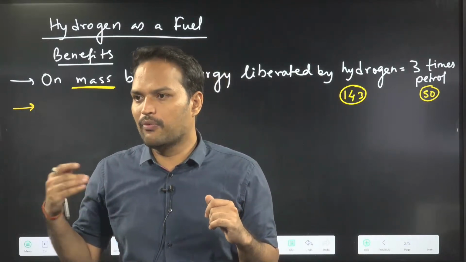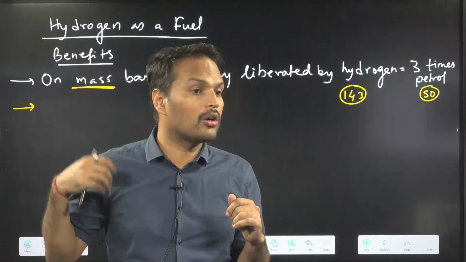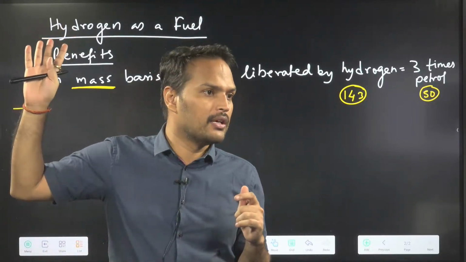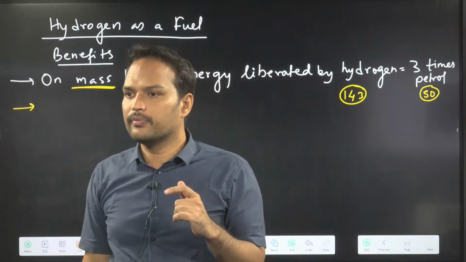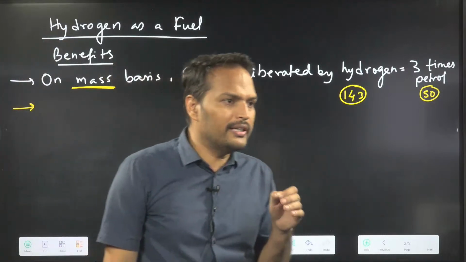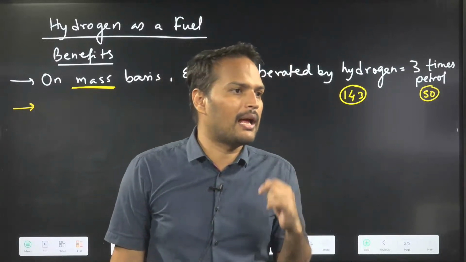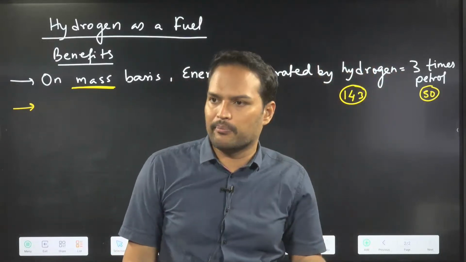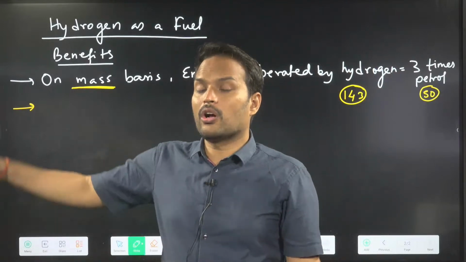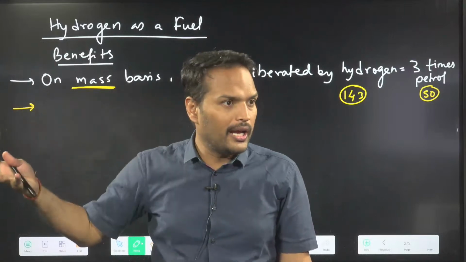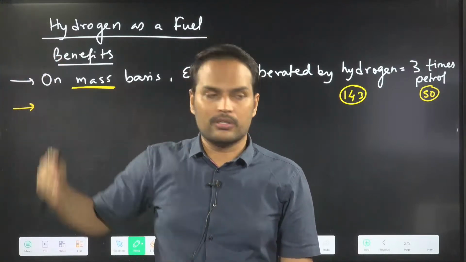But 1 mole of butane or octane will have a mass of around 50, 60, 70, so they have more benefit. In terms of mole, hydrogen has the benefit of only 1 gram, going from 1 gram to 2 gram. But methane, butane, octane have around 50 times.